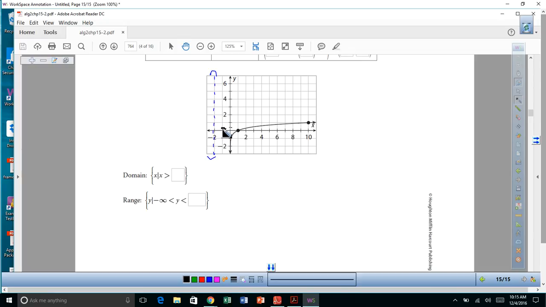So negative 1, 4, that's going to be right there. And then we had 8, 6, that's going to be right there. So this is going to look down like this. And that's going to go up like that. All right. So our domain is going to be x such that x is greater than negative 2. And we're going to go from negative infinity to positive infinity on the range. And there we go. That's our first one.